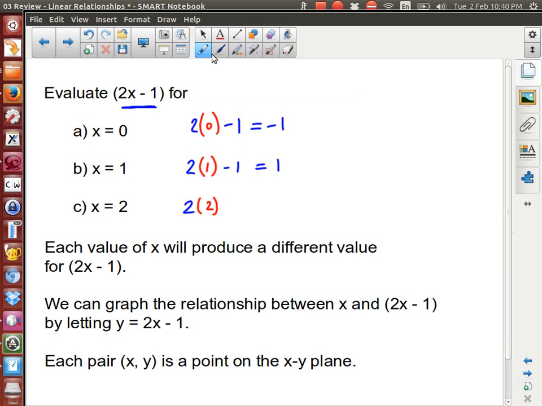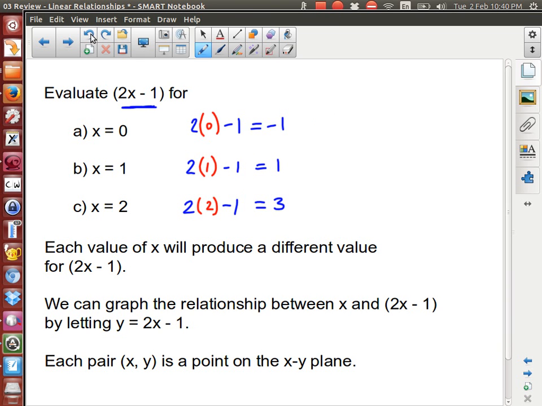That gives me 2 times 2 minus 1. 2 times 2 is 4, minus 1 is 3. So depending on which value of x I make use of, my value for the expression 2x minus 1 is going to take on a range of values: negative 1, 1, and 3.